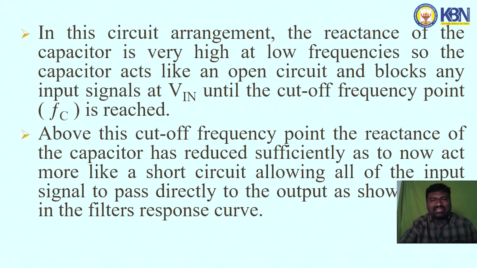Above the cutoff frequency point, the reactance of the capacitor is reduced sufficiently to act more like a short circuit, allowing all of the input signal to pass directly to the output, as shown in the filter's response curve, that means the graph.